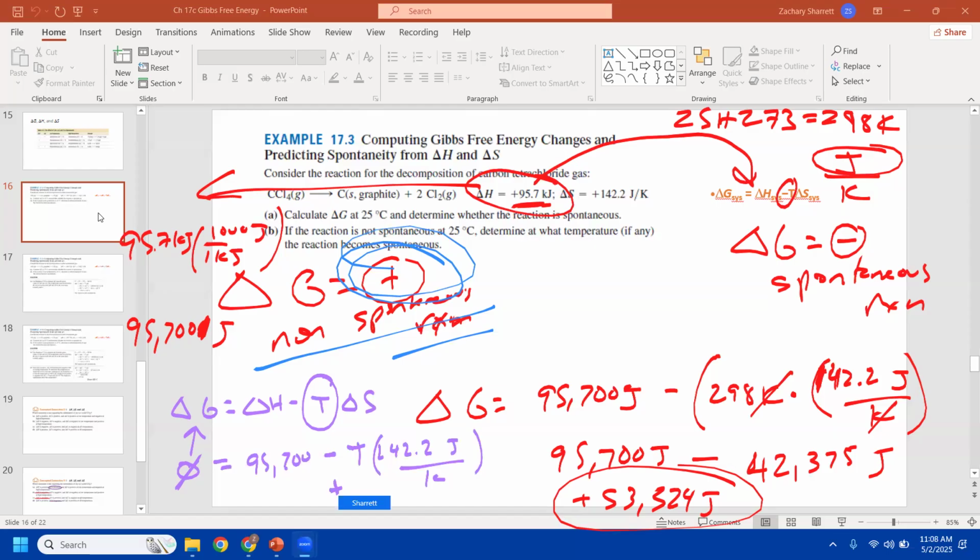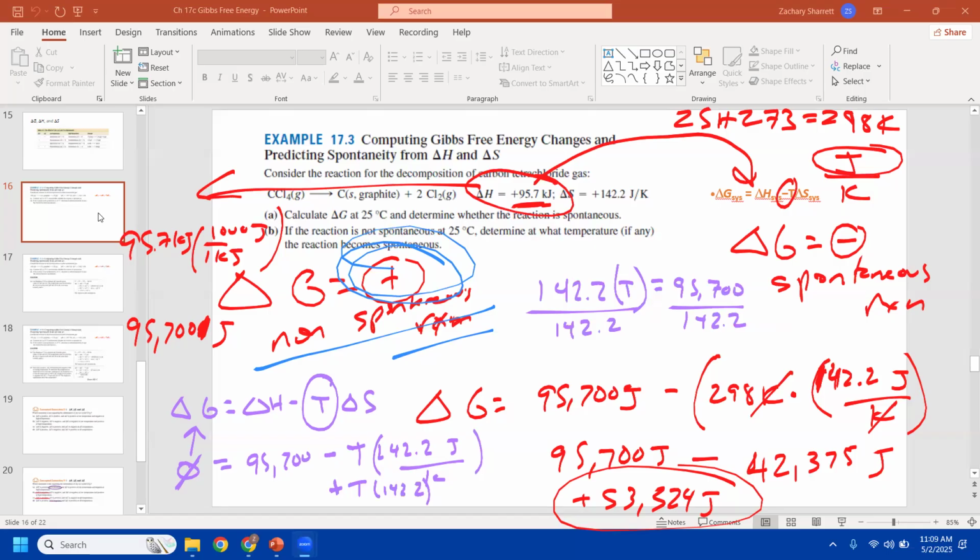You could subtract 95,700 from both sides to make a negative 95,700 equal negative T times 142.2, but I'm doing it the other way. So I bring the T times 142.2 over to the other side. So I get 142.2 times T equals 95,700. I divide both sides by 142.2. What is 95,700 divided by 142.2?